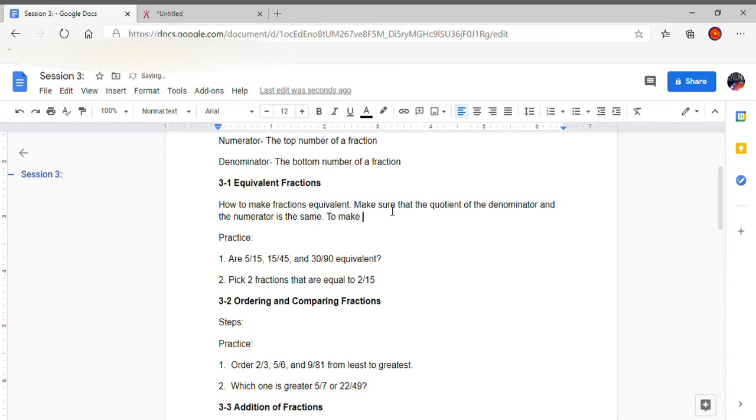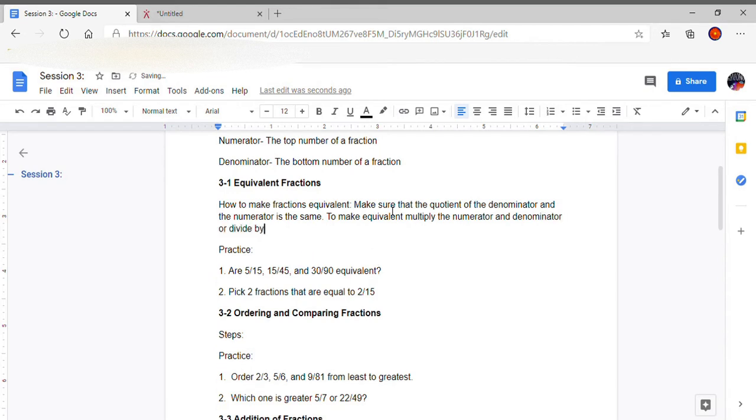So that's how you check, and then to make equivalent, multiply the numerator and denominator or divide by the same number.